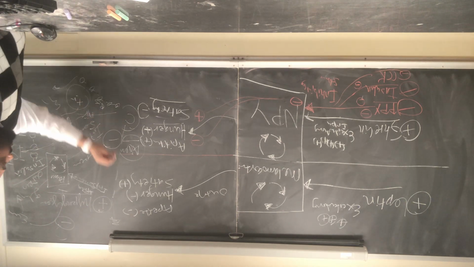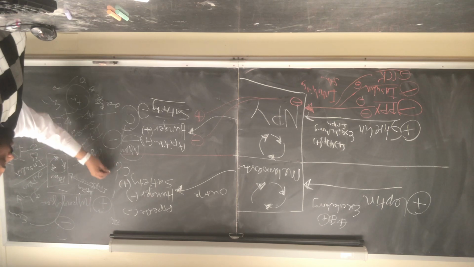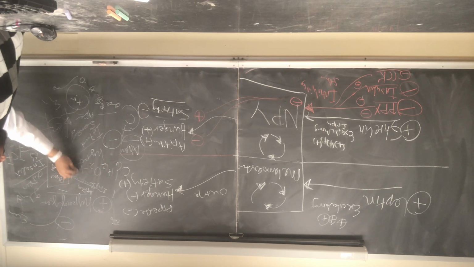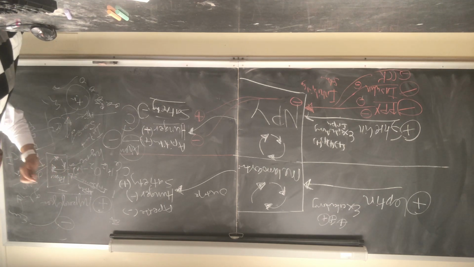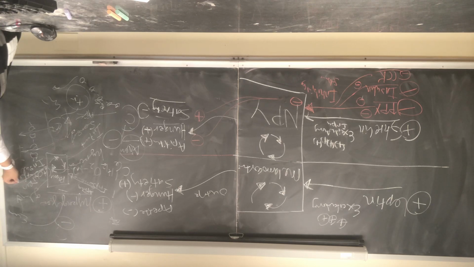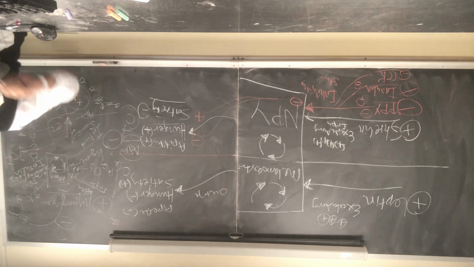So you have to be able to tell that 6-carbon glucose will be oxidized with 6 molecules of oxygen, and that will give us 6 water molecules and 6 carbon dioxide.